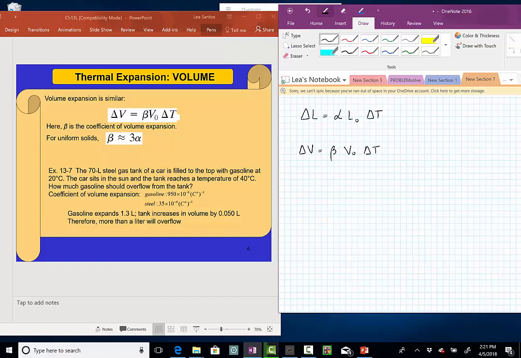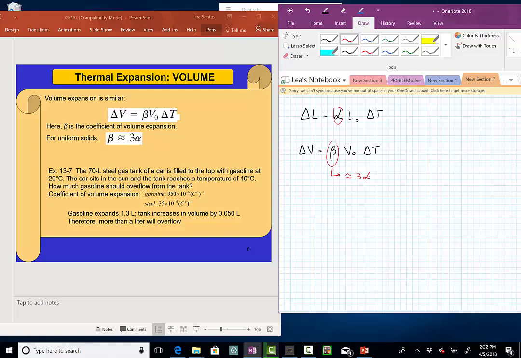So it's pretty much the same thing, but instead of alpha, we are now using beta. Beta is the coefficient of volume expansion. It's the coefficient for this expansion that depends on the material that we are dealing with. Since we are dealing with objects that are 3D, it's close, but not exactly the same, but close to 3 alpha.